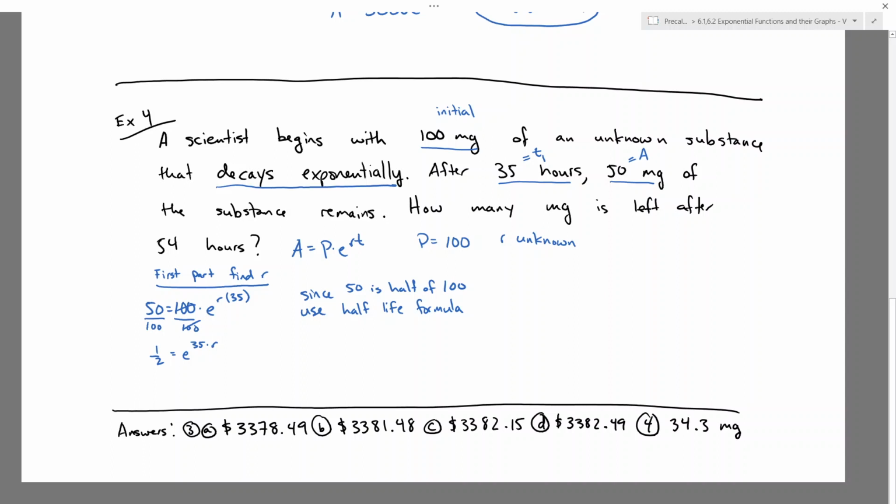Which is the following. So r is equal to the minus natural log of 2 over the time.